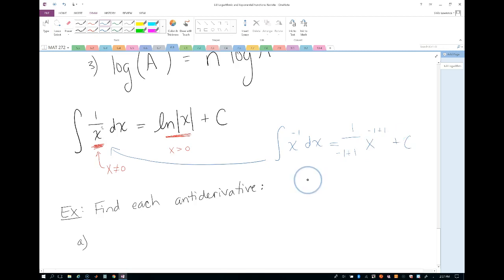Well, when you do that operation, you're going to get 1 over 0 x to the 0. X to the 0 is fine, but this 1 over 0 is a big problem. We are not allowed to divide by 0.